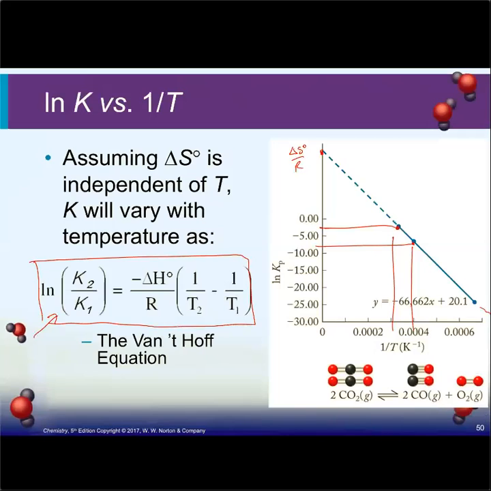If you have two temperatures, which you can measure, and you measure two equilibrium constants, you can calculate what the delta H of the reaction is.